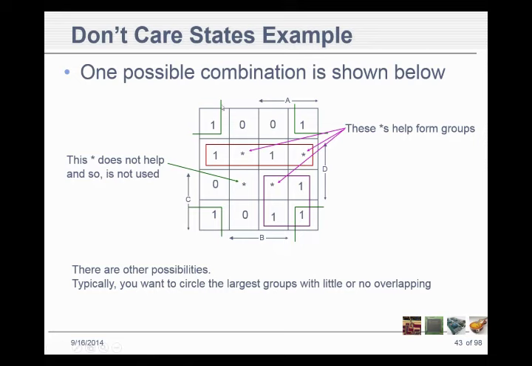It's better to have this group of 4 than this group of 2 and then this one by itself. So use these don't care states to help you. In this case, that one didn't help at all, so don't include it.